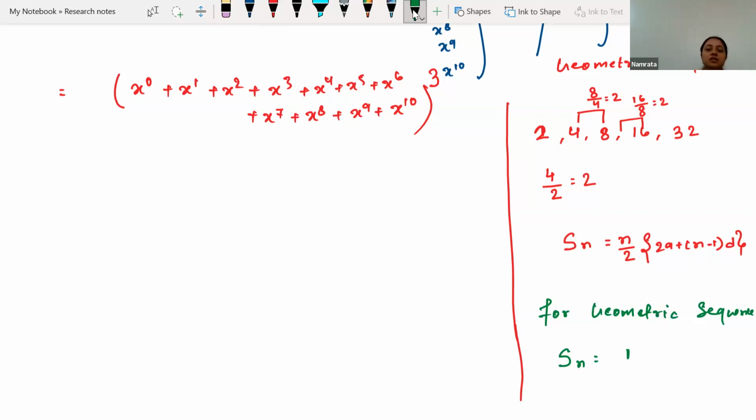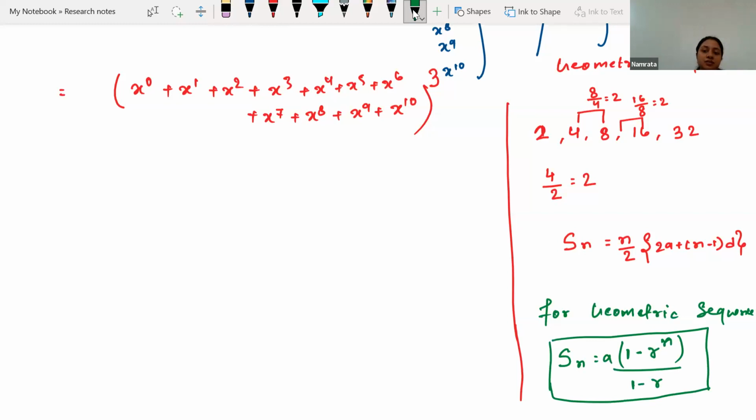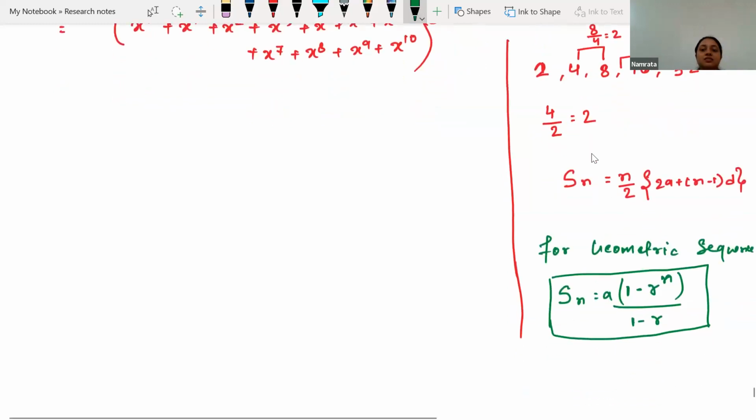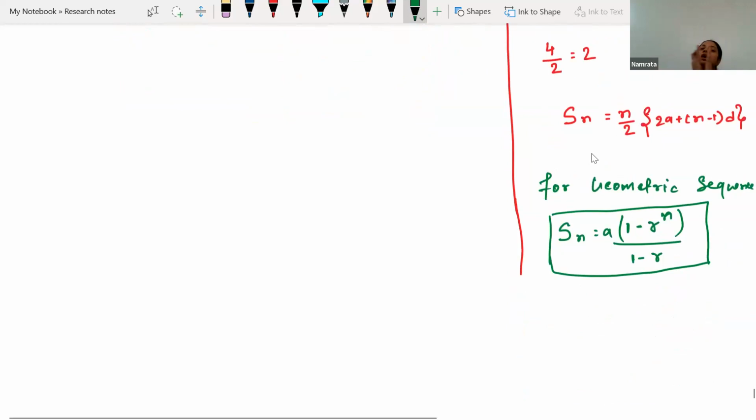If it is less than 1, then the formula is a into 1 minus r to the power n by 1 minus r. This is the formula we have when r is less than 1. And when r is greater than 1, then we write the same formula with r first, that is a into r to the power n minus 1 by r minus 1.